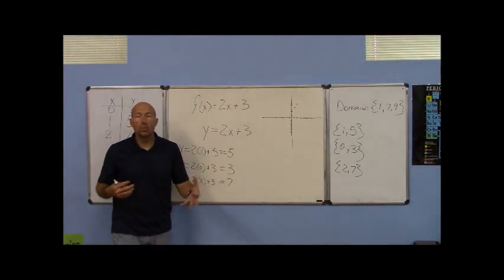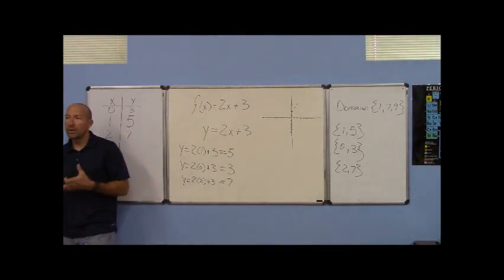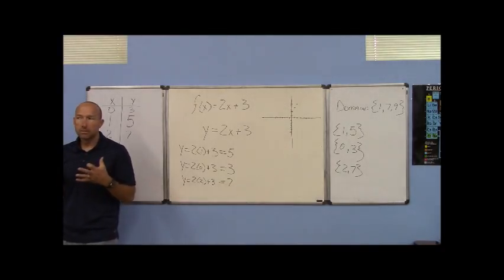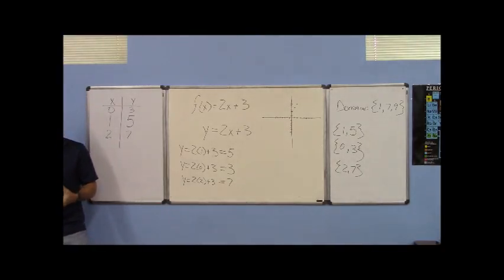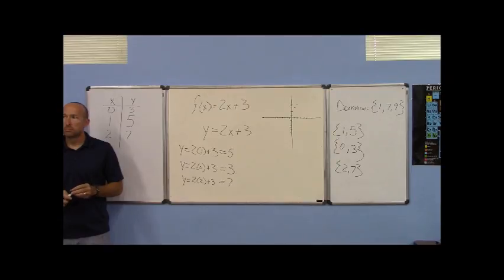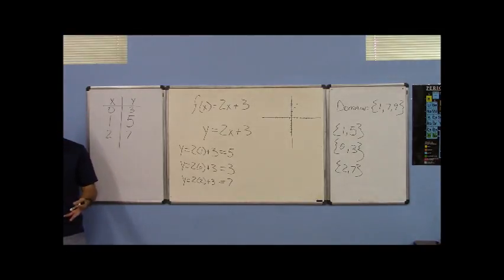How many do you think we need to have in order to have an accurate line drawn? 2 is the bare minimum, okay? So what do you think having 3 might help us with? If we were to do one more, what does that do for us?